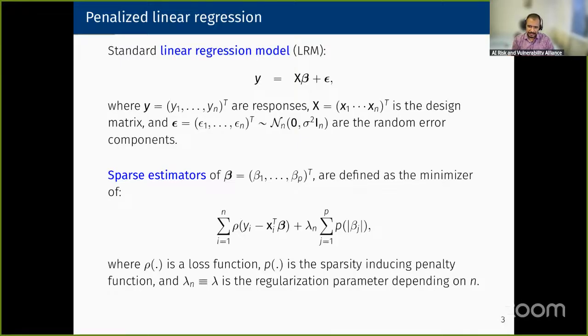There are different versions of these conditions, but more or less they boil down to a relaxation of x transpose x divided by n goes to c, based on the sparsity of the beta parameter. So essentially, among the sparse coordinates of the beta parameter, that restriction or that limit holds. That's sort of the overall notion of the design matrix that we want to take forward. I'll touch upon that a little bit in a couple of slides.